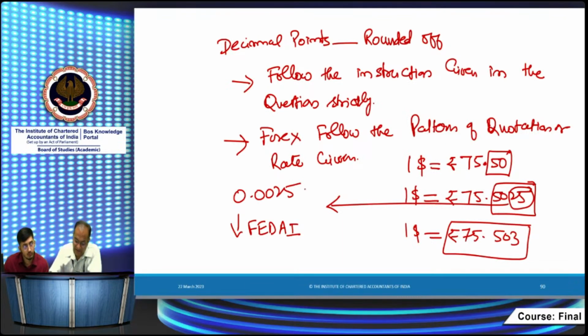As per FEDAI guidelines, the rounding off has to be made in multiples of 0.0025 rupees. So this is a clear indicator that you have to round it off like that. Normally, if it has been mentioned that you follow the FEDAI guidelines, then compulsorily you have to round it off in multiples of this. Okay, so this is another case.